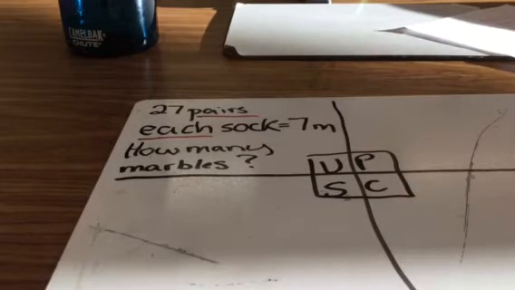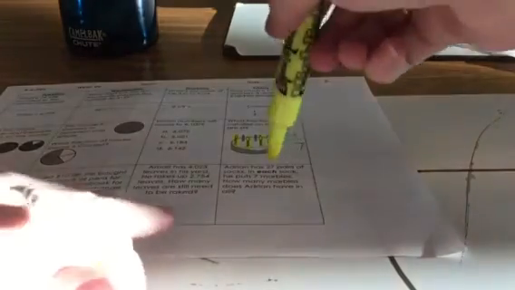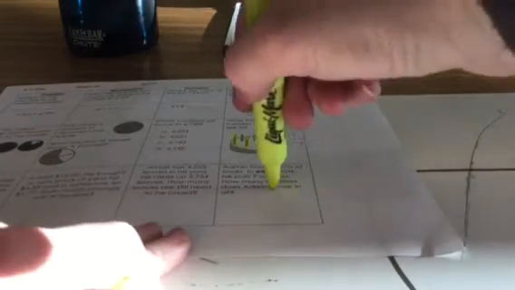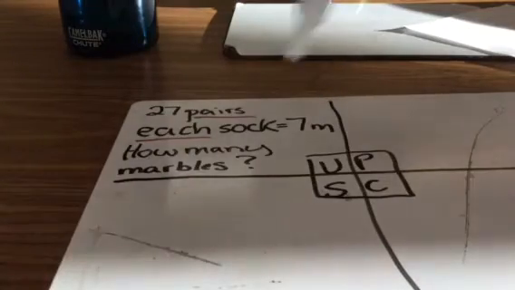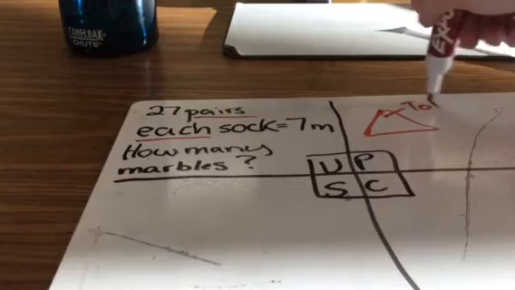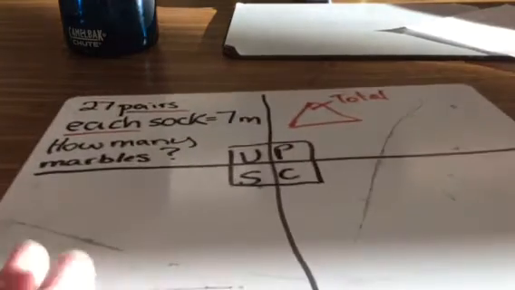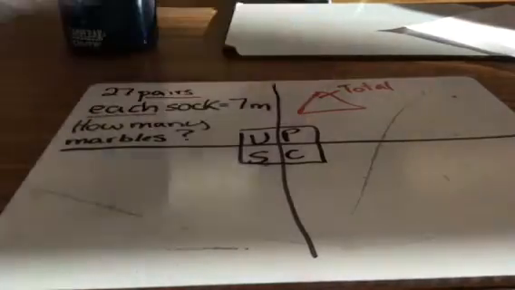But because in the question it says in all, have in all, if I see the word each and in all, that means multiplication. Okay, because remember on the pyramid, this is your total. So if I'm trying to find in all, that's a total, I'm looking up here.